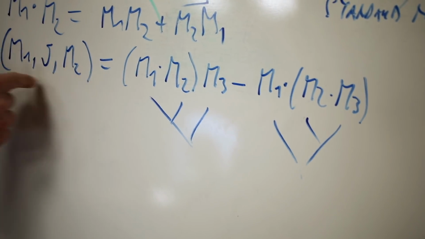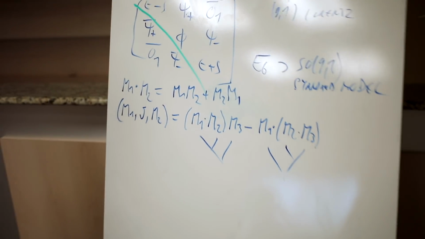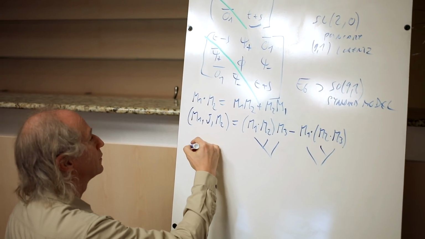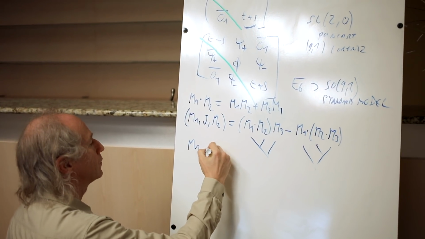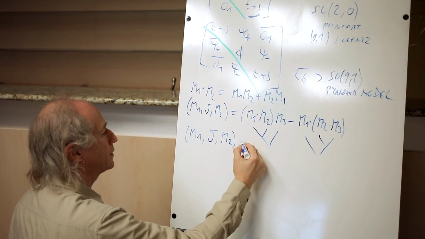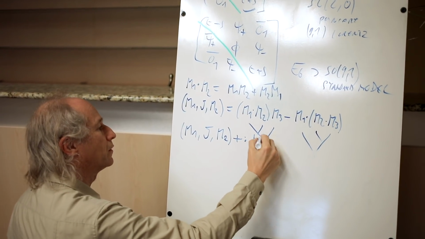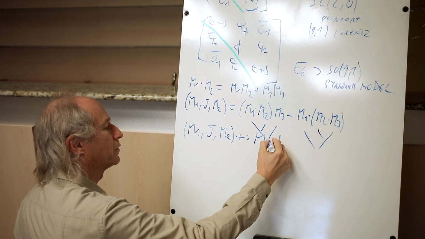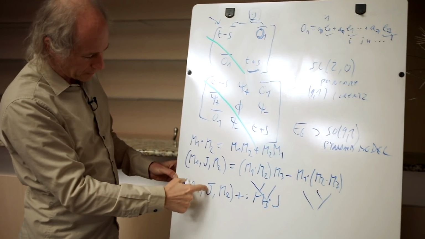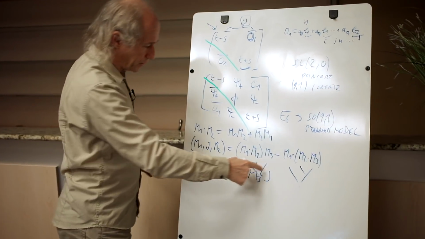So this is a Jordan triple product, and the action of E6 is defined by 3 matrices, and this plus i times this. And this is an action of E6 on a Jordan matrix J, which could be complexified.